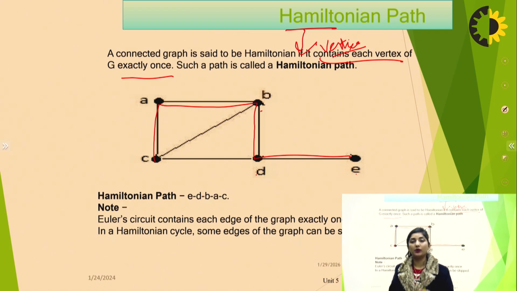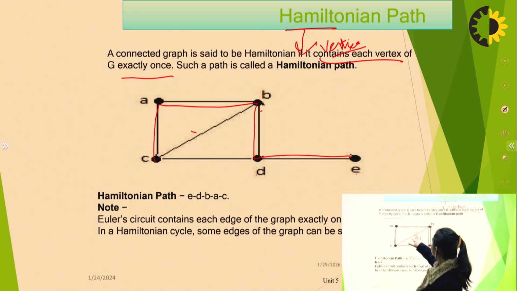And till the time you are able to traverse all the vertices once, you can skip some edges. What matters here is that all the vertices have to be covered once. Like you can see, for this I have to traverse these vertices and these edges just got skipped, but we don't care because in a Hamiltonian path, all the vertices got covered.